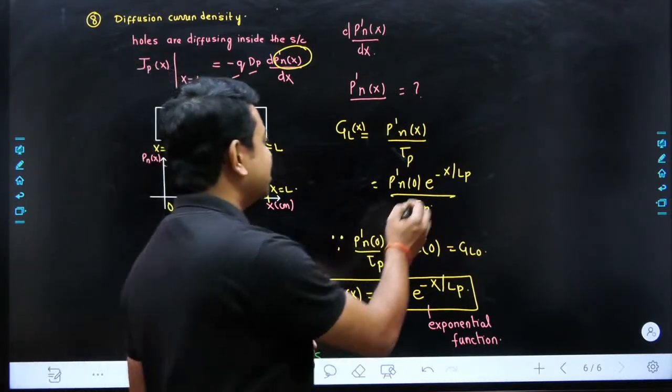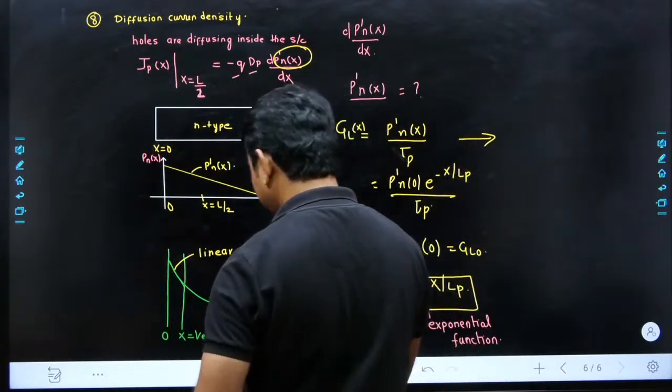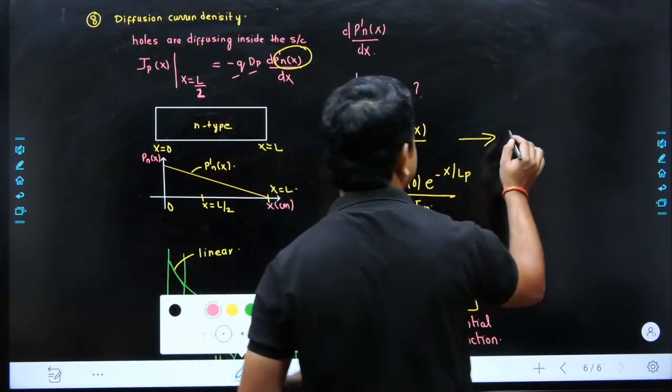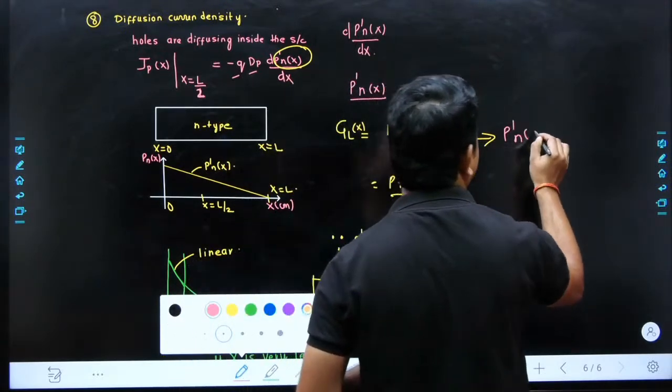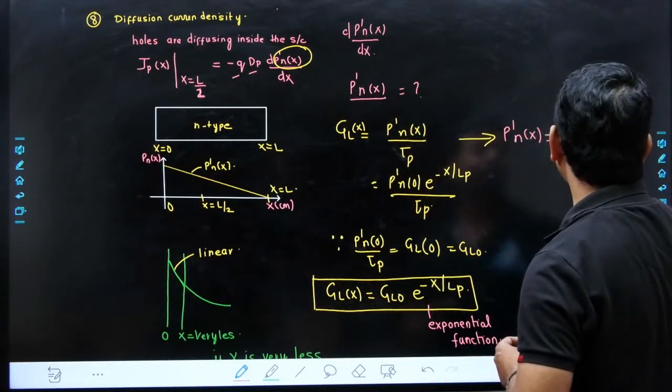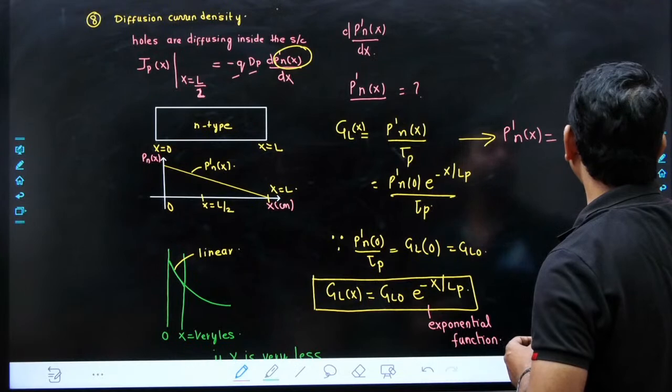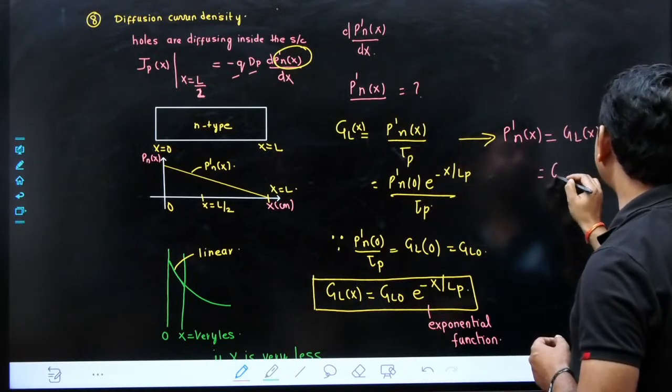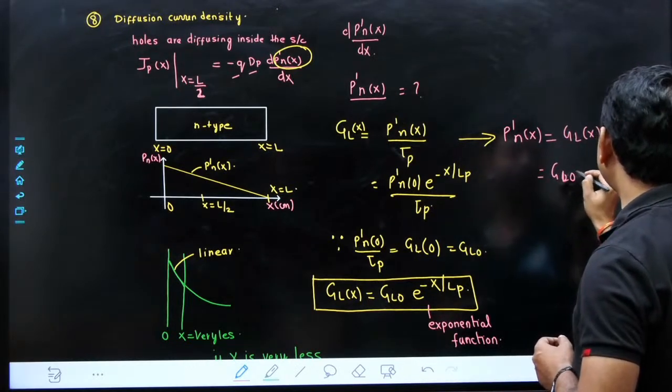This p'n(x) can be found by using this formula: p'n(x) is equal to GL of x multiplied by tau p, and GL of x is already given, this is given by GL naught.